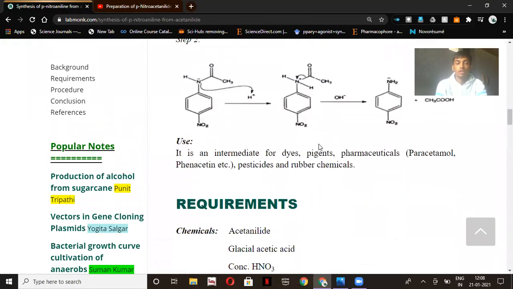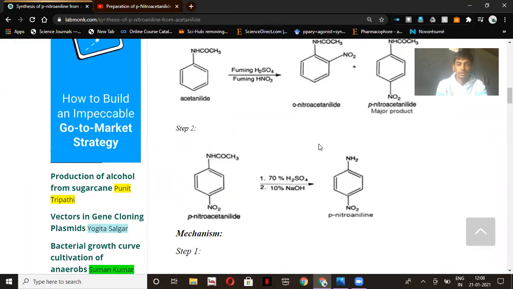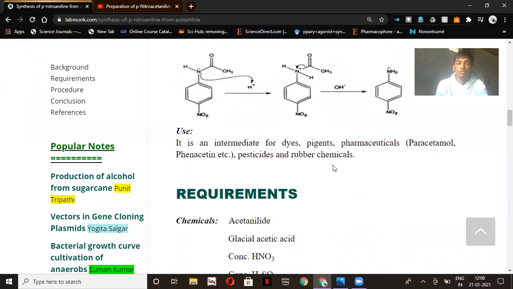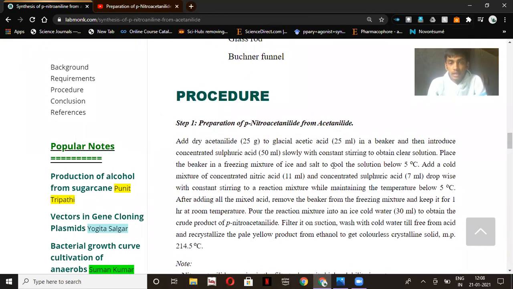So now what is the procedure to produce the para-nitroacetanilide? The procedure is very simple. Take dry acetanilide, approximately 25 grams, in glacial acetic acid in a beaker, and then introduce concentrated sulfuric acid slowly with constant stirring. Constant stirring is mandatory to obtain a clear solution.